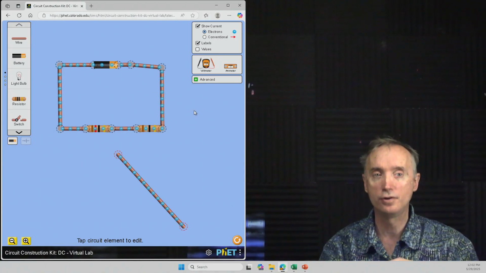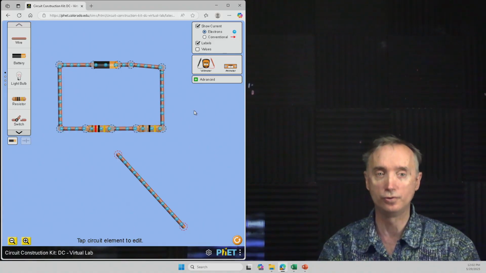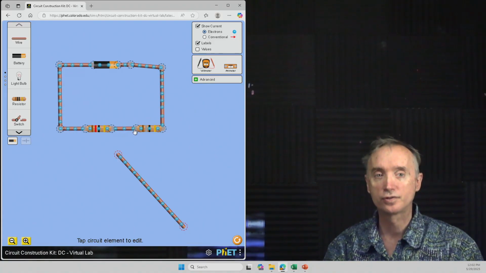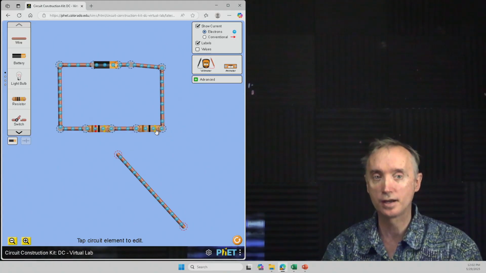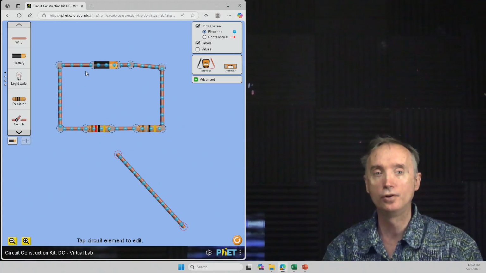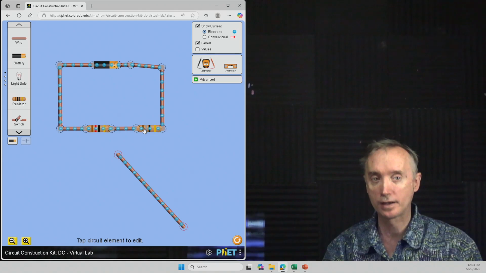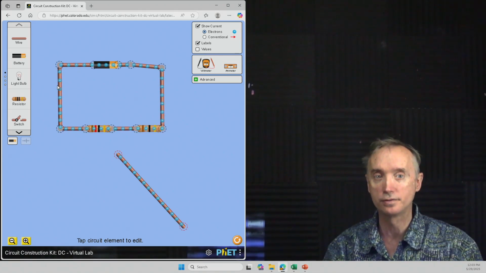Now you should notice something. I'm going to let you do it, but take out resistor number 2 and then reconnect the circuit and look at the speed at which the blue dots are moving. Okay, then put the resistor back in and look at the speed of the blue dots.